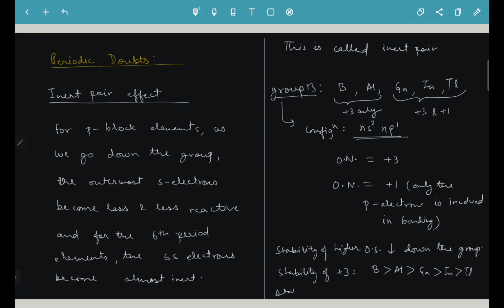Stability of +1 is in the reverse order. Stability of the lower oxidation state increases downward. Write down these points: stability of the higher oxidation state decreases and stability of the lower oxidation state increases downward.